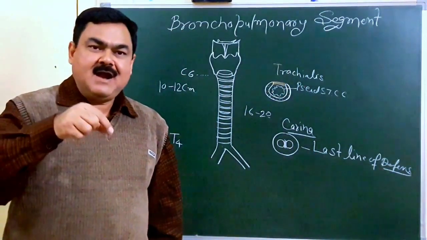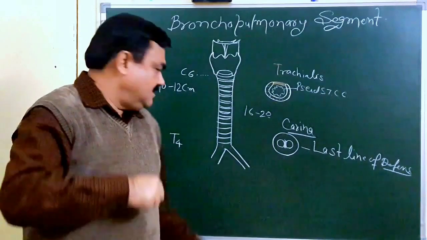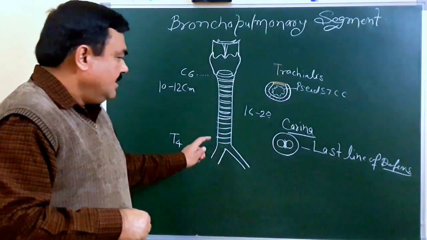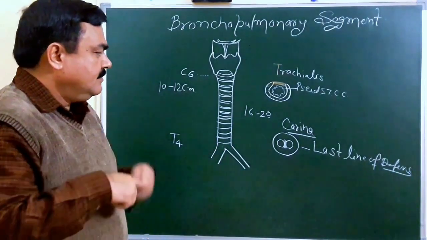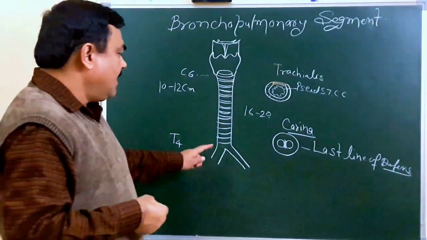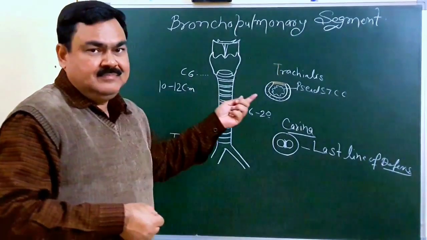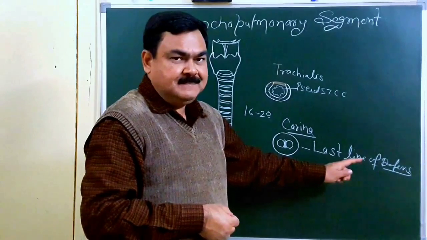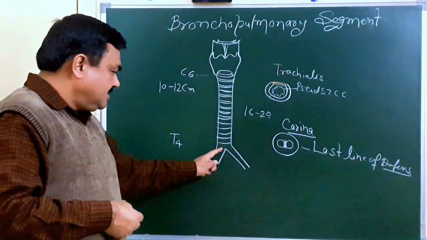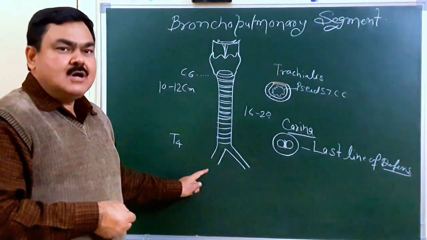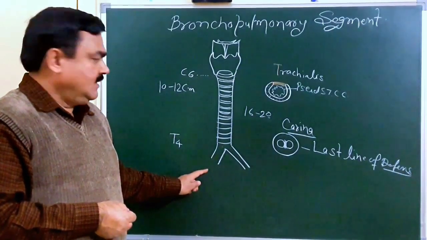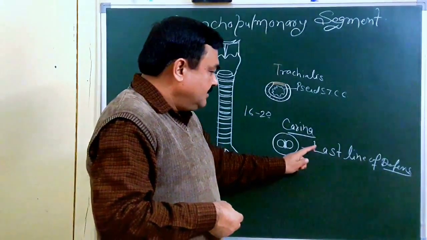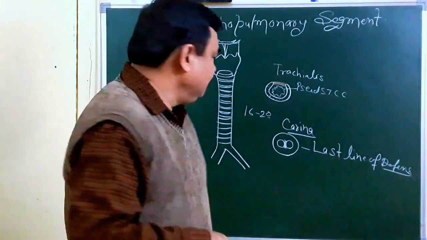If a foreign substance reaches up to here, a cough reflex is generated, and with severe coughing, that foreign particle may come out. If the foreign particle crosses this, then no cough reflex is generated. So the carina is important for the generation of the cough reflex.